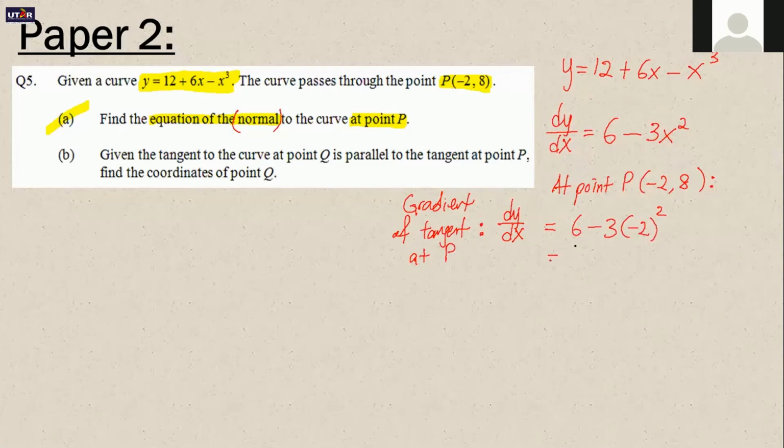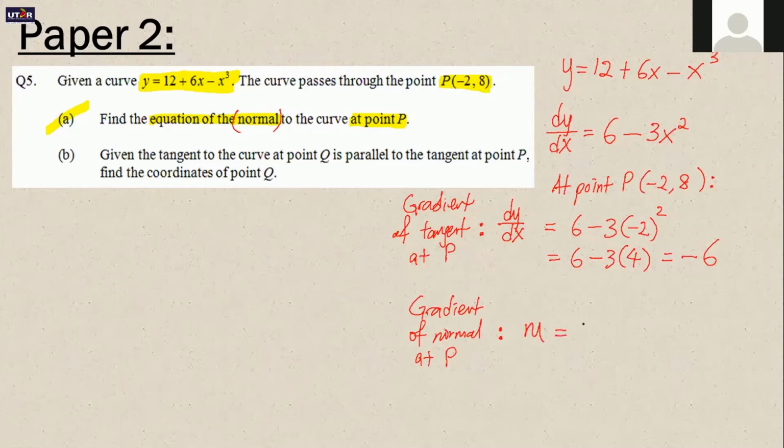So we have 6 minus 3 times 4. So the final answer, 6 minus 12, negative 6. So this is the gradient of tangent, but the question needs the normal line. So I need to find the gradient of normal at point P. So what is the gradient of normal? I use m. The m will be equal to negative 1 divided by the gradient of tangent. So negative 1 over negative 6, the final answer is 1 over 6.